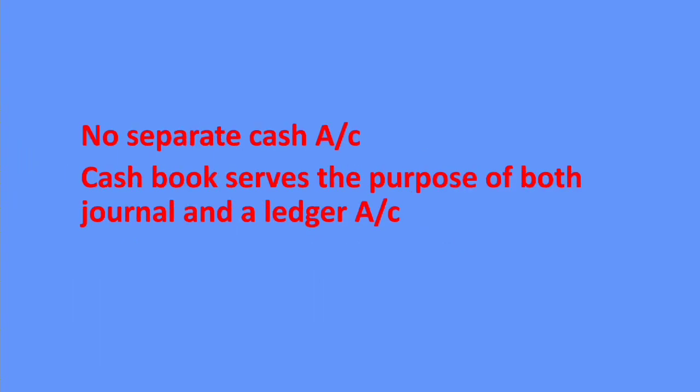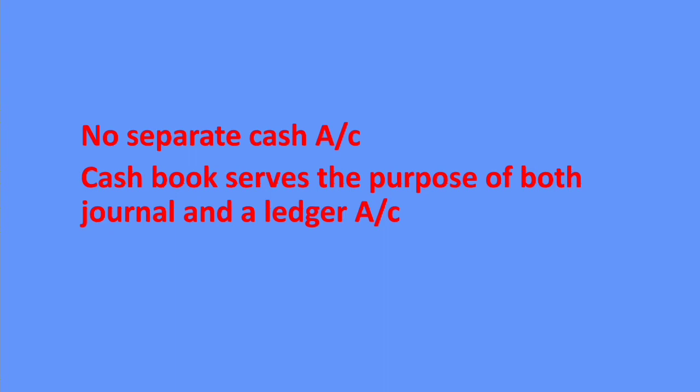If we are preparing a cash book, there is no need to have a separate cash account in ledger because a cash book serves the purpose of both journal and ledger account. How does it serve the purpose of a journal and ledger account? Because if we are preparing a ledger account or a cash account, first we have to write the journal entries.